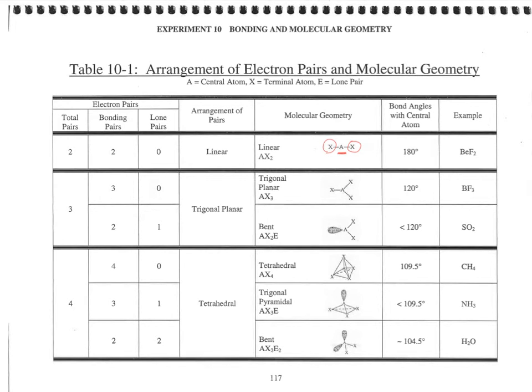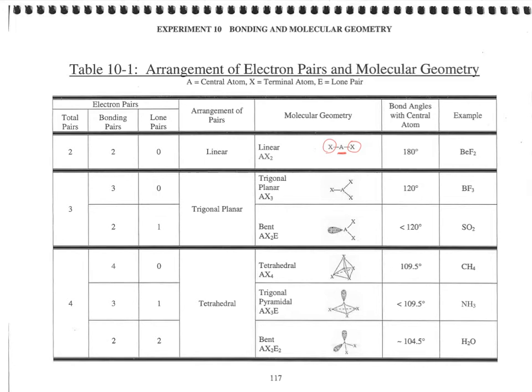In the other scenario, we have 2 bonding pairs and 1 lone pair. So 2 plus 1 equals 3. The total arrangement of pairs, that's the key thing here. The total arrangement of the pairs is trigonal planar, including 2 bonding pairs and 1 lone pair.